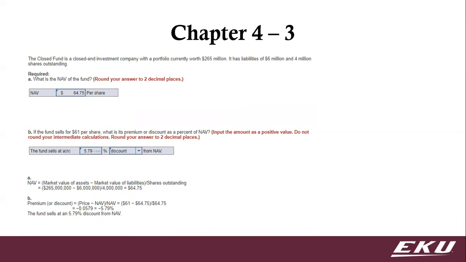So while with the regular open-end fund that we normally think about, we just calculate the NAV and then that's how we calculate what the sales will be, in this case, the sale price for this bundle of securities can deviate from the NAV, and that's what you see here: this particular one is selling at a discount.